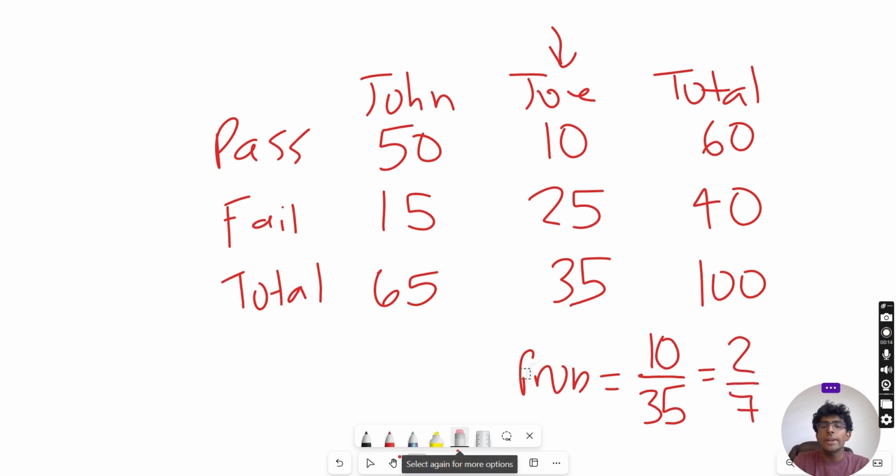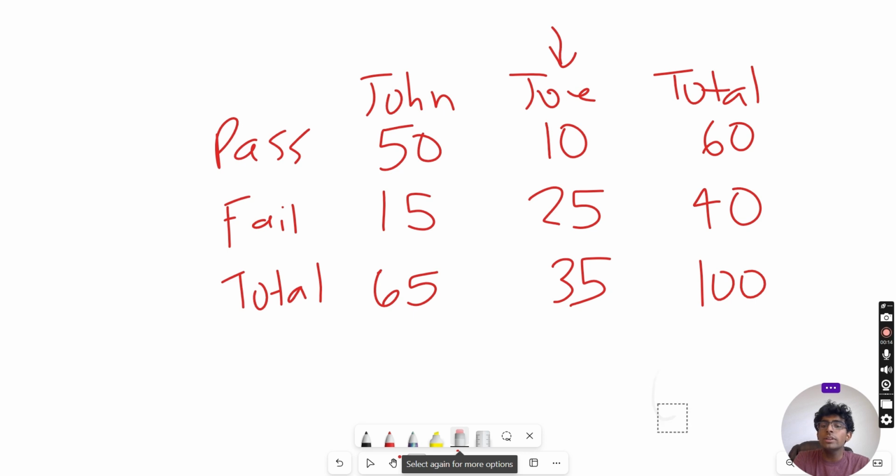All right? Another example. What is the probability, out of the total number of students, that if we select a student, it's from John's class and passes? In this case, it's saying out of the total number of students, so we're not using 65.